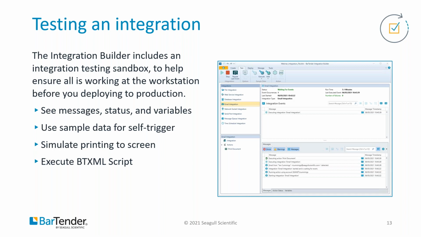You can also record and set sample data, so you don't always have to continually go back to your business system in order to trigger a new event. You can simulate printing to screen, so if you don't have a printer handy and available to you, you can enable that feature and see on screen the printed results. And you can also execute the BTXML script from within the testing section.